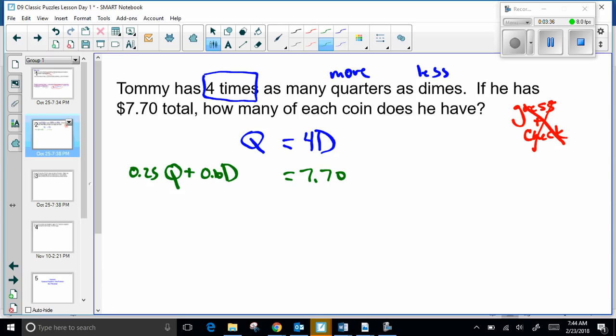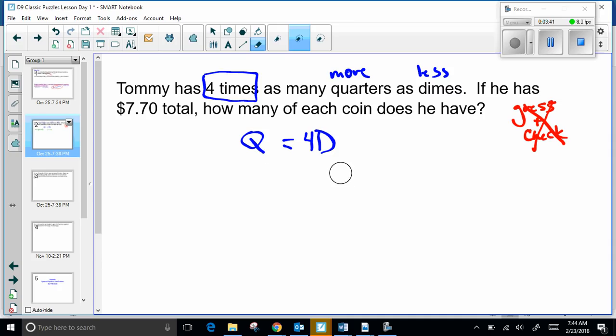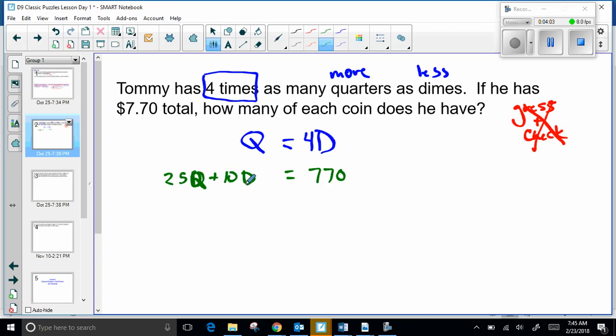Because I'm trying to help you out as much as I can and give you some clues on how to get to the answer a little quicker and easier, my recommendation is we get rid of the dollars and we just make this 770 total cents. So now when I do my numbers over here, this is going to be 25 cents times Q, and 10 cents times D. All I did is I got rid of the decimals, and now it's a little easier to solve my problem.